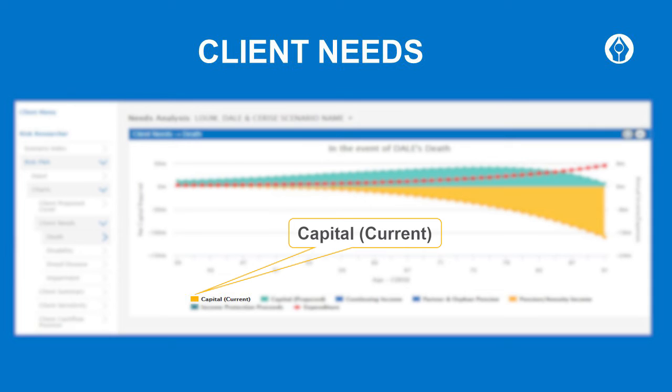Remember, capital needs are lump sums that are due at death. Capital proposed is the capital amount needed to solve any cash flow shortfalls. An expenditure is any living or medical expenses that the client would like to provide for over the planning term.